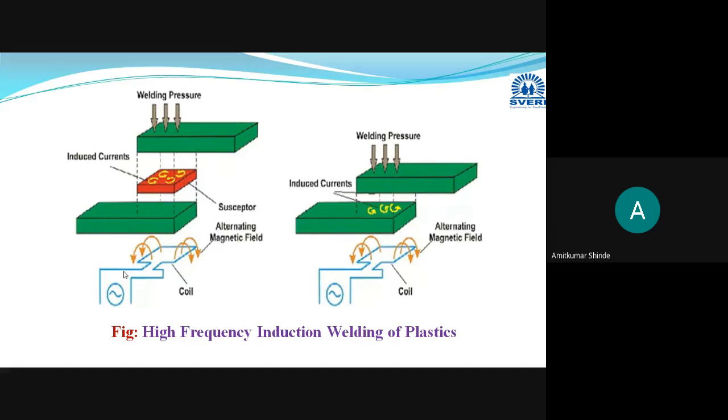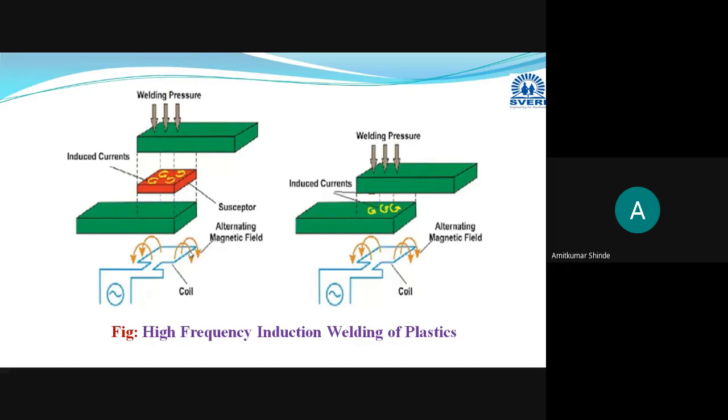After this, due to the alternating magnetic field, what will happen? Eddy currents are generated, and these eddy currents will flow through the metal or ferromagnetic material.